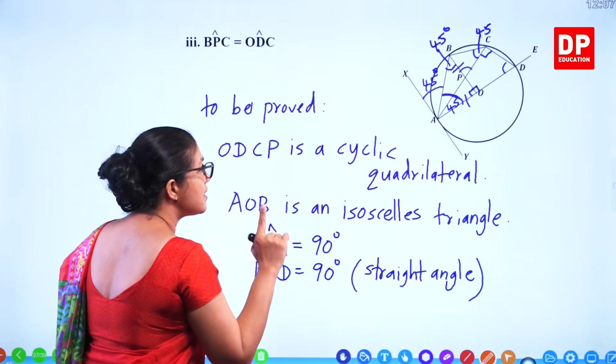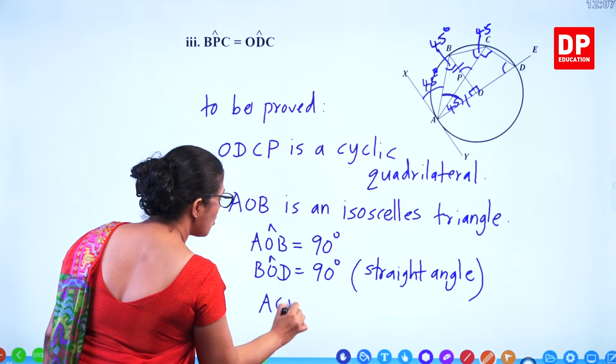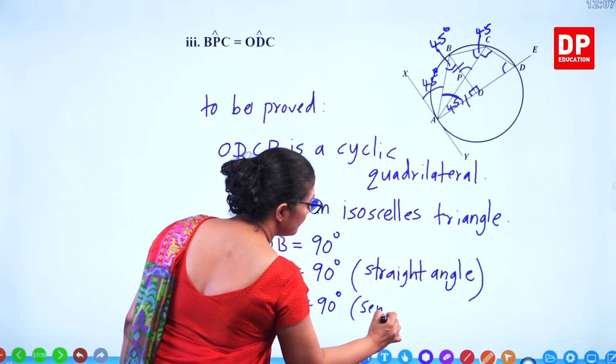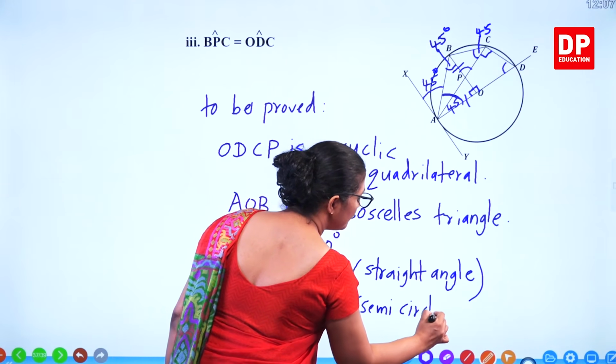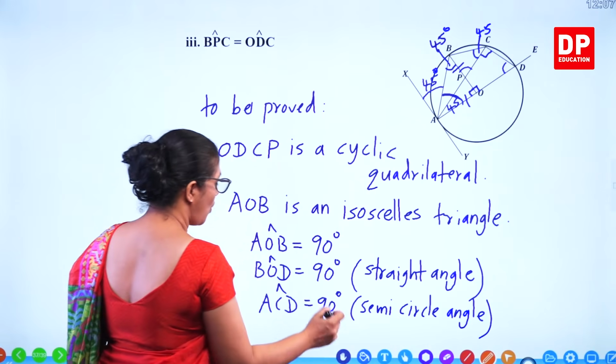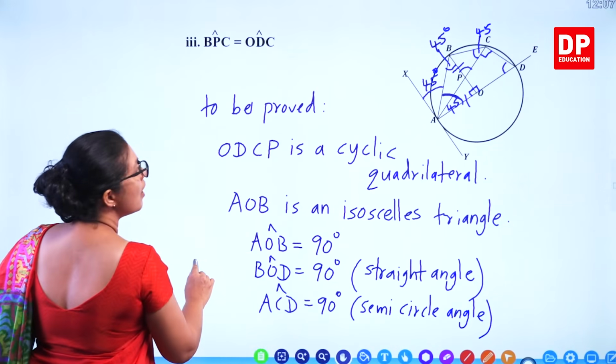And you can write ACD is also 90, semicircle angle. So opposite angles add up to 180.